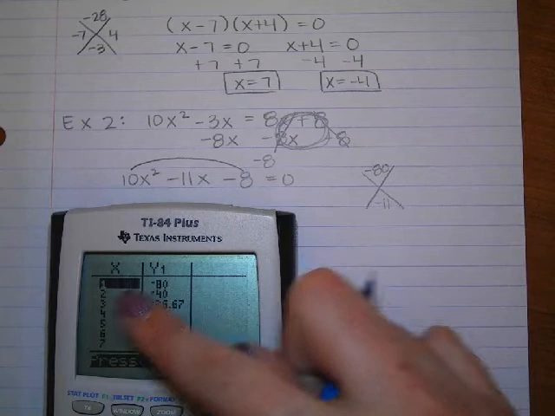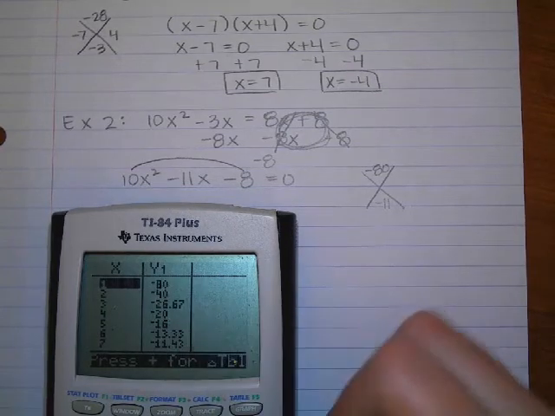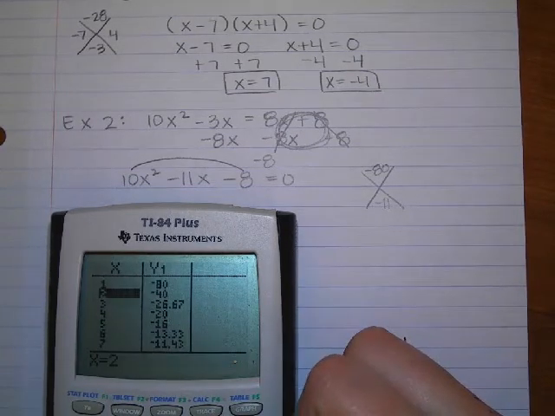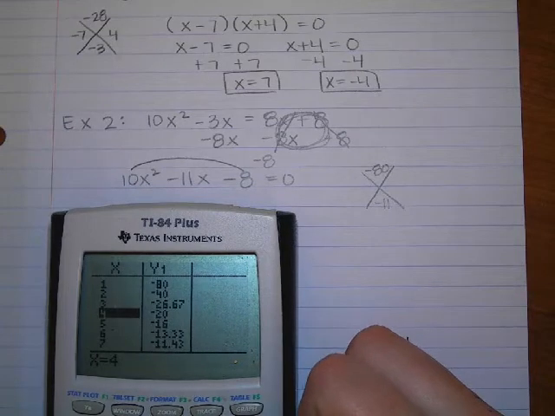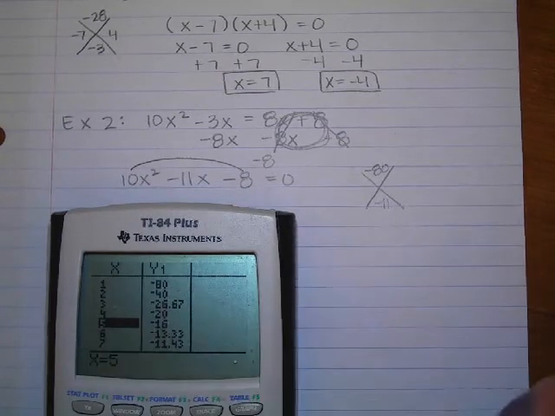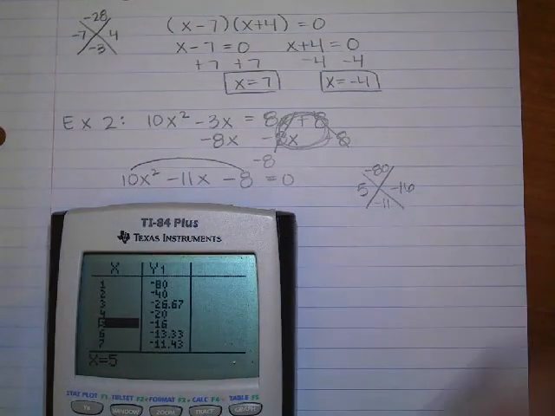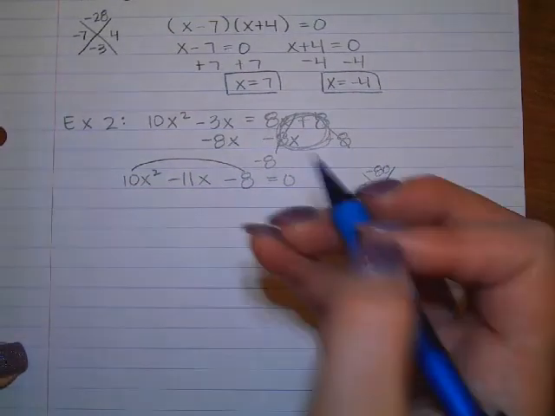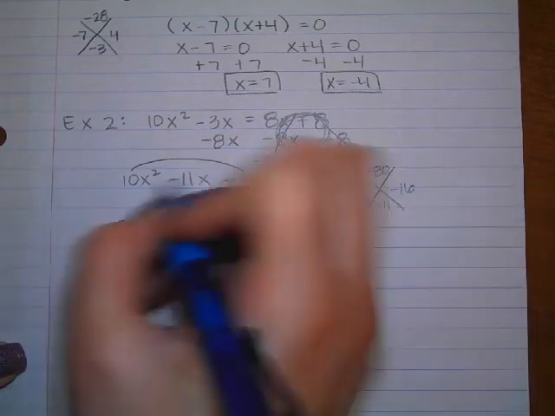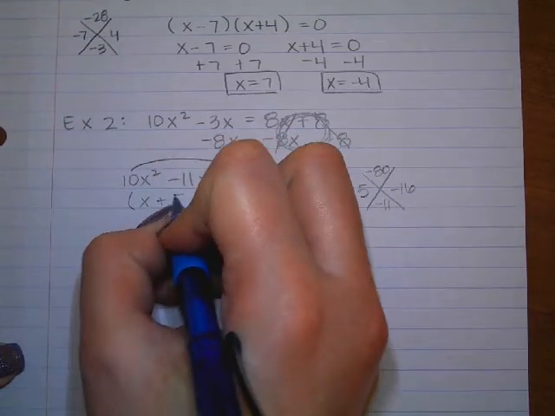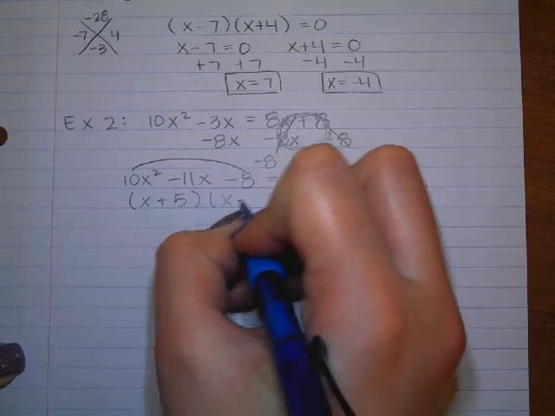So all of these multiply to negative 80. I'm looking for the one that adds to negative 11. And that would be 5 and negative 16. All right. So with the slide divide method, I would say x plus 5, x minus 16.